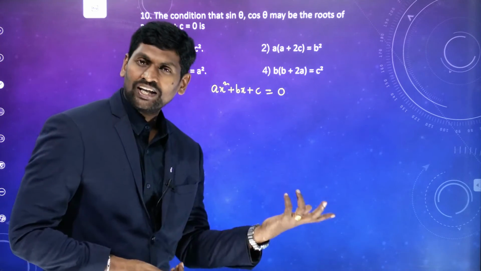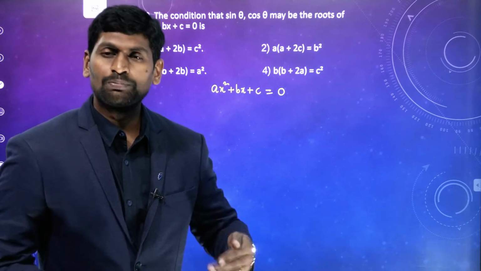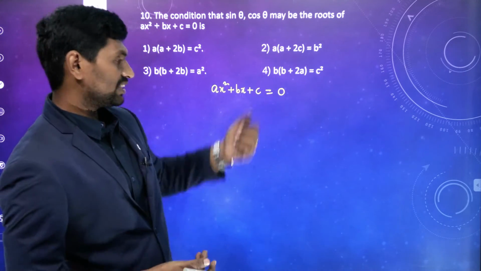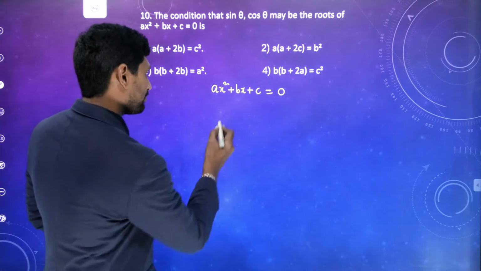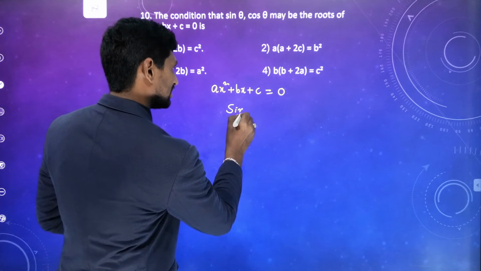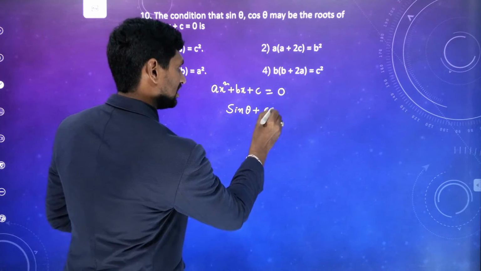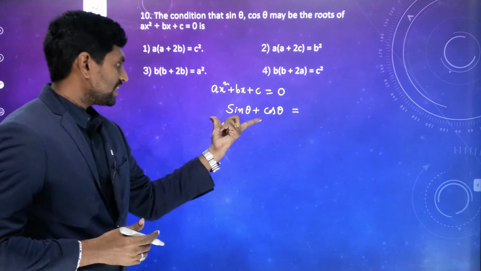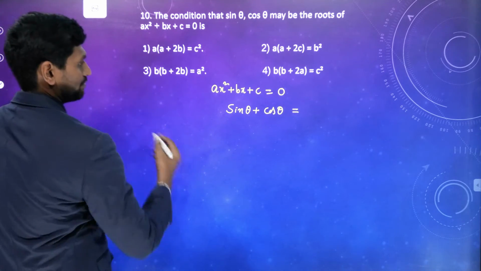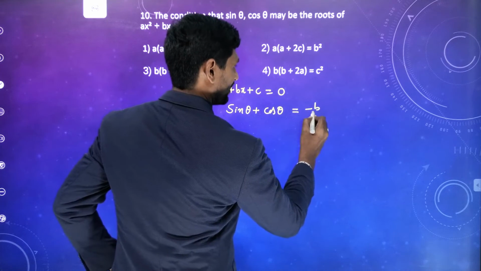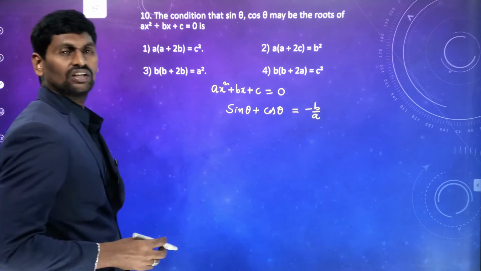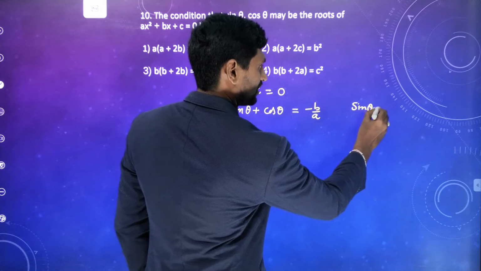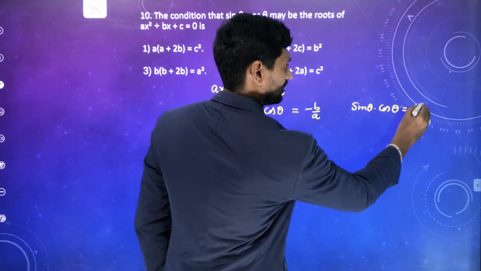So if you already know the roots, the usual process, sum of roots and product of roots, we apply, right? Here the condition: we should find sum of roots, alpha plus beta, which is nothing but sin theta plus cos theta equals alpha plus beta. Sum of roots equals minus b by a, general form only, so minus b by a as it is. And product of roots is nothing but sin theta into cos theta, c by a.